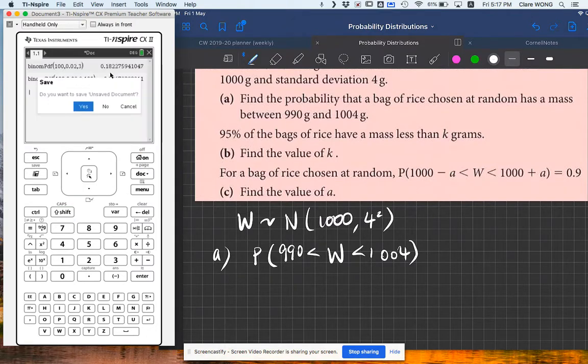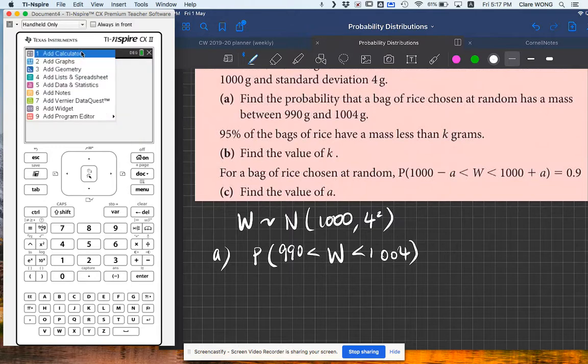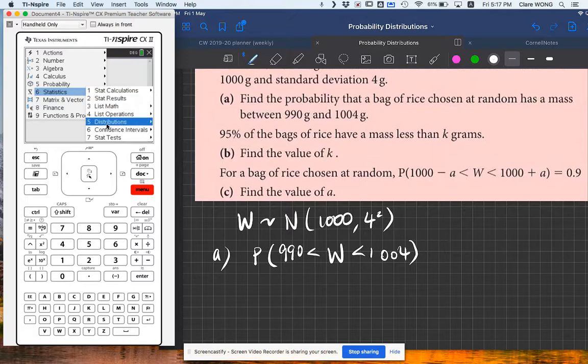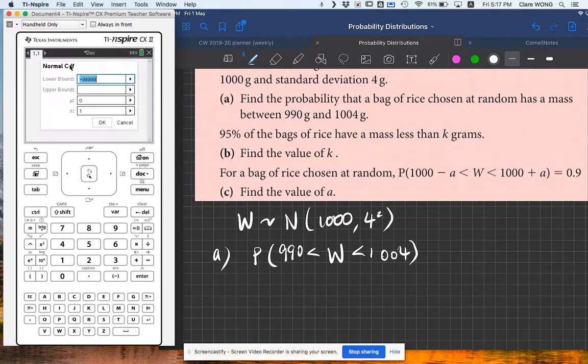Now go to your calculator. We do menu, stats, distribution, normal CDF. We have the lower bound, which is 990. The upper bound is this, 1004.